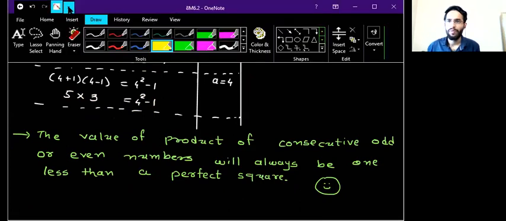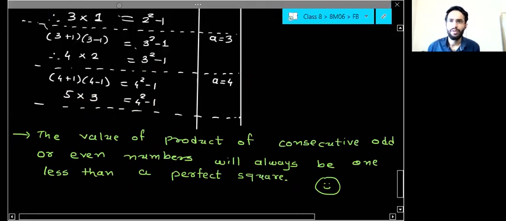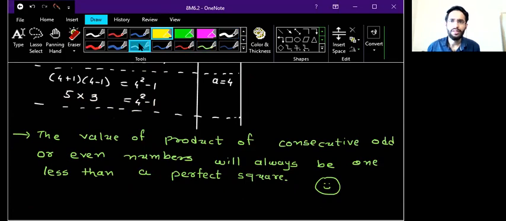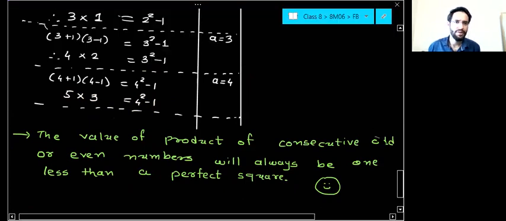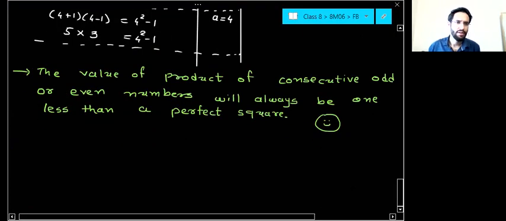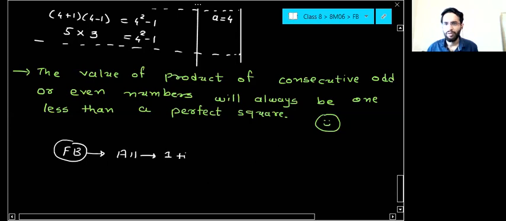So now in the formula book, what you have to write? All these things with examples and tables, whatever I have explained today, is today's homework for the formula book. You have to write all these things one time with examples.